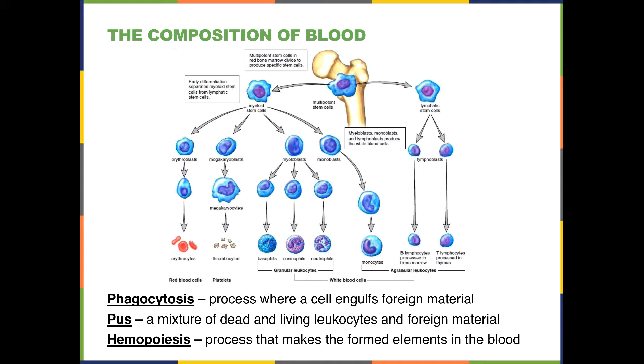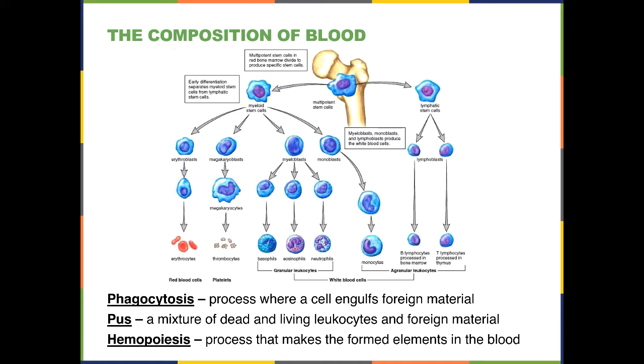Now, we've mentioned hemopoiesis before because it occurs in the bone marrow. It's the process of producing white blood cells, red blood cells, and platelets. And this is a diagram of, probably more complex than you'll ever have to know, how hemopoiesis starts. And it starts in the bone marrow with the multipotent stem cell.